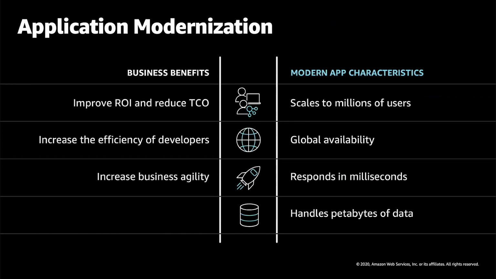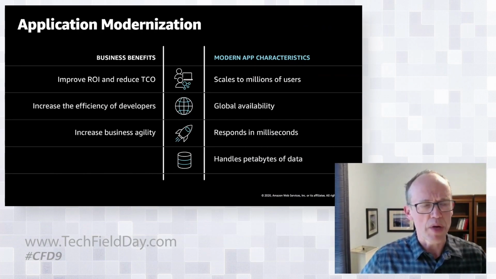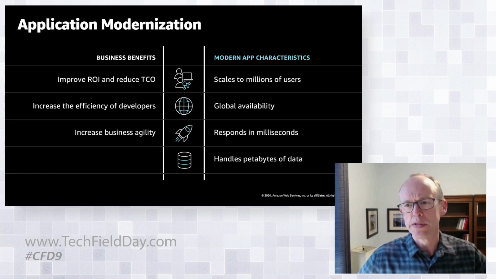As mobile networking gets faster and faster, 5G, as broadband becomes more and more globally available, the quantity of data that an application has to process is just continuing to explode. So these are the hallmarks of what we think of as modern applications and the benefits of modernization.